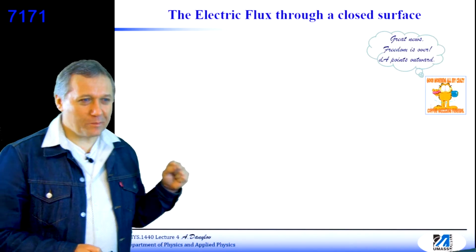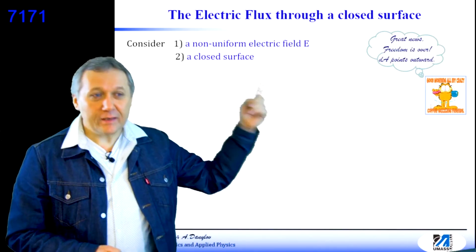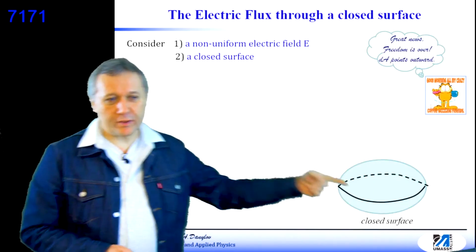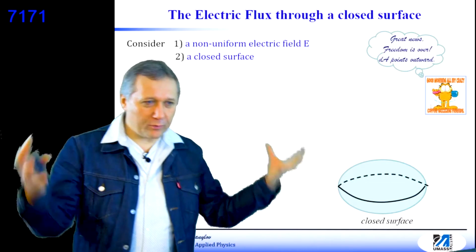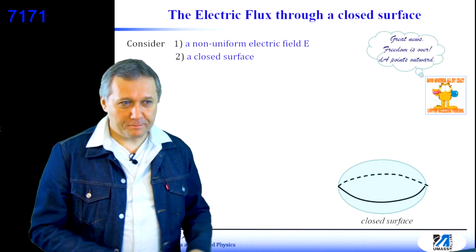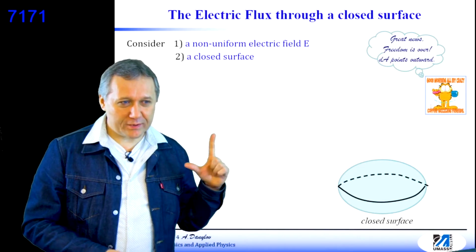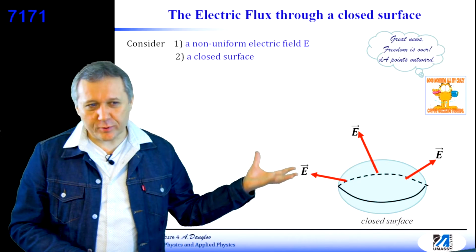Okay, so now we have a non-uniform electric field, and now the surface is closed. For example, like this, I don't know, an ellipsoid, or the shape of an American football, right? And of course, it's exposed to an electric field, which is not uniform.